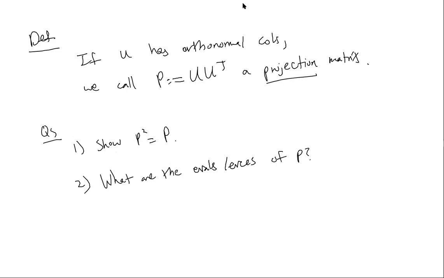So why don't everyone work on some of these for a minute or so. Show p squared equals p. This one's not too bad. And then try to think about what the eigenvalues and eigenvectors are. Think about this intuitively first. I haven't given you any entries in here, so you can't actually find them explicitly. So just in general, intuitively.